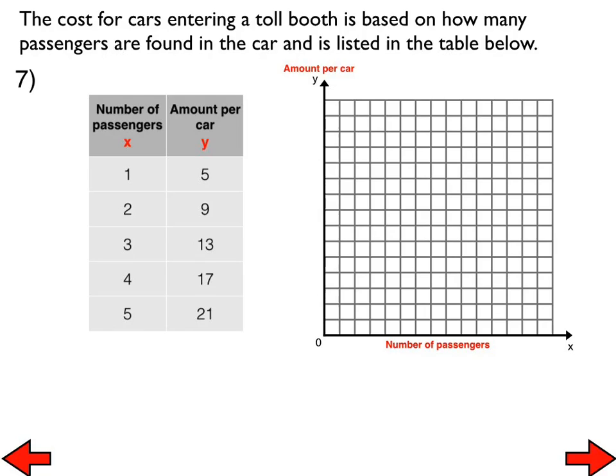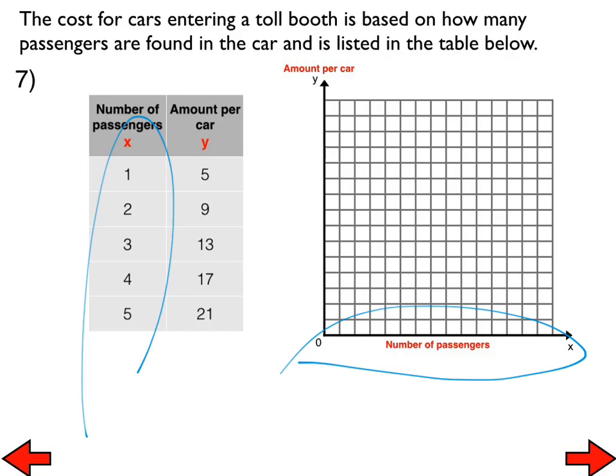There is one in the homework where you're going to have to change the scale. Down here on the x-axis, you can just go by ones because you only have to plot 1 through 5. But here's where the problem is, because going up the y-axis, it only goes up to 15. Anytime you're in a situation like that, and you may have already dealt with this in science, sometimes you have to change the scale.